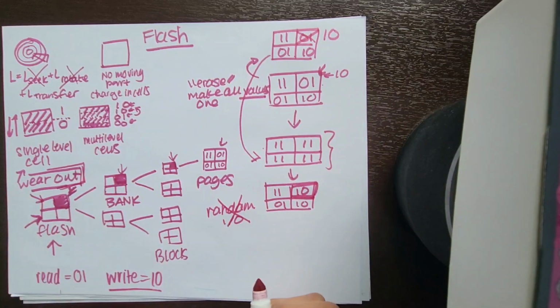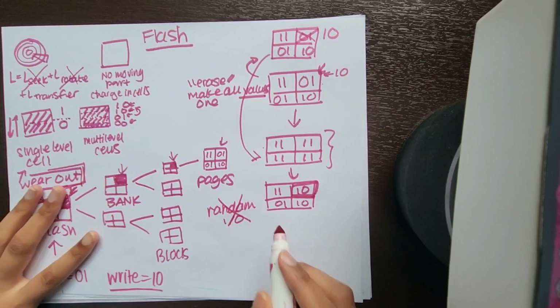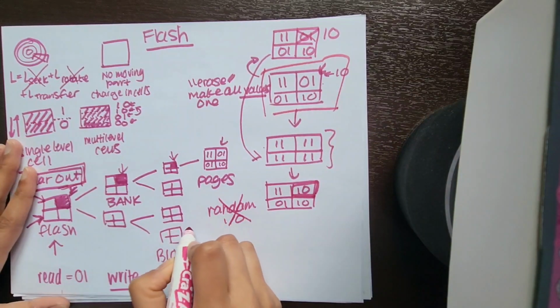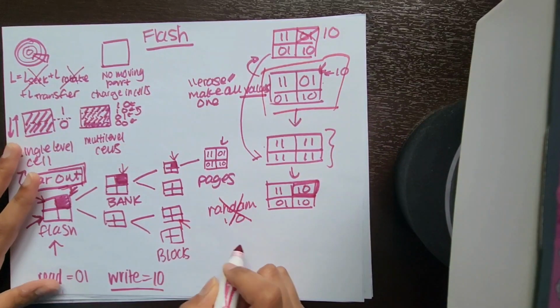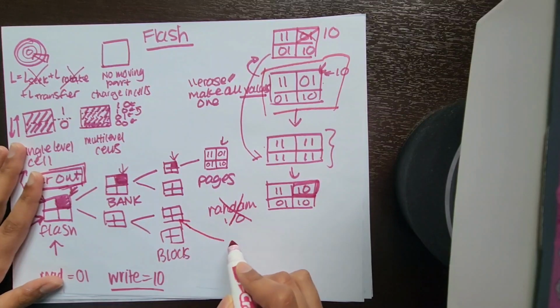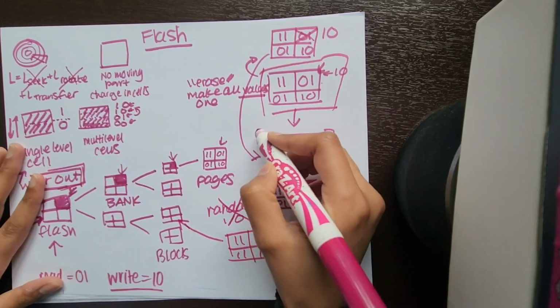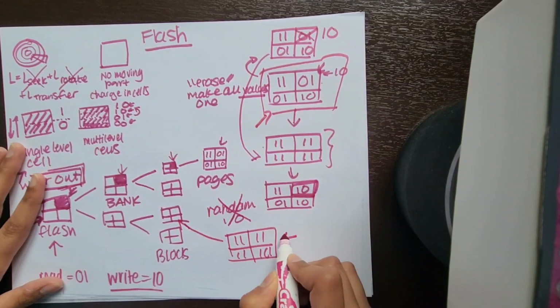The only workaround to this is to check if you have a free block. So basically, instead of modifying this original block right here, you can check, oh, does this block have any empty space? Because if this block looks something like this, instead of overwriting this block, you can just directly modify this block.